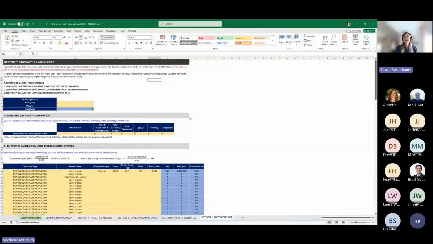So the last section is the electricity use. For the electricity use, we are using the same method that we provided last year. There are a couple of options to report this or calculate this.